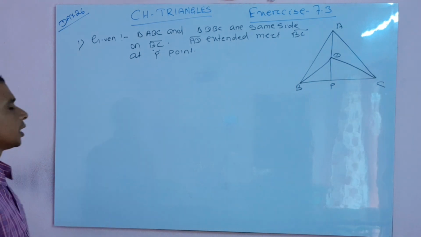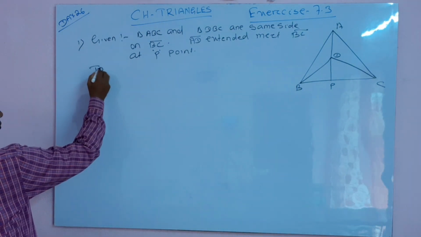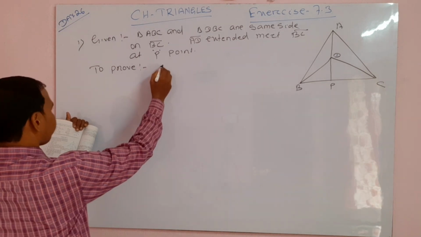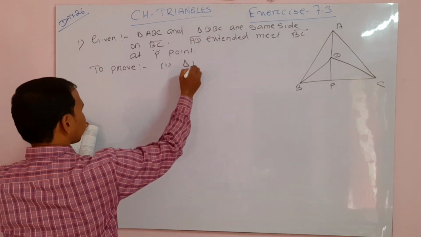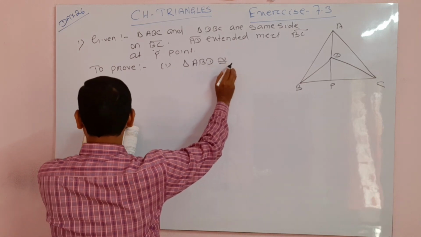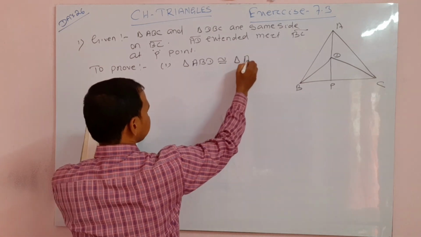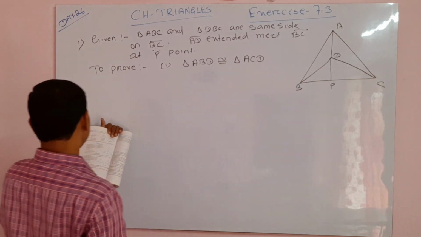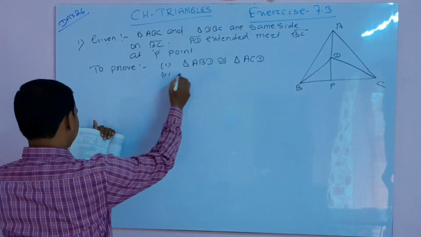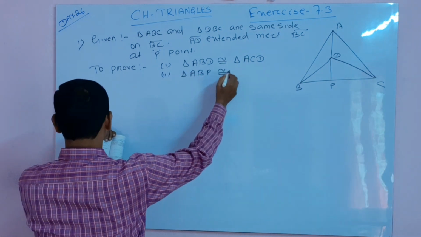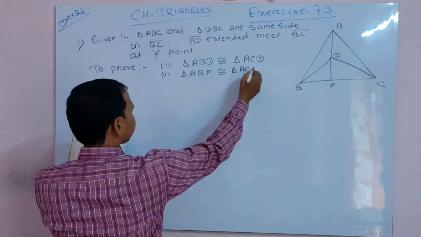Given complete, then to prove. We have to prove that first, triangle ABD is congruent with triangle ACD. Second, triangle ABP is congruent with triangle ACP.